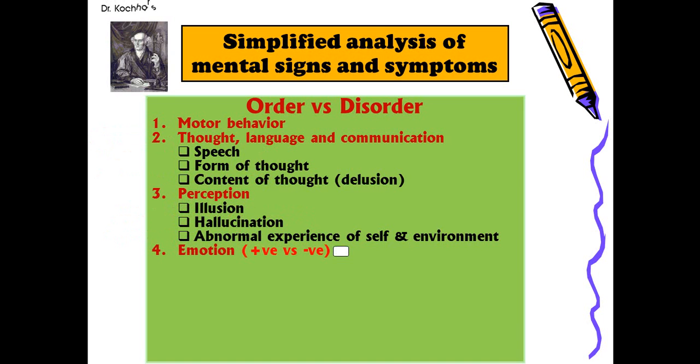Then under emotions... Illusion means abhas, wrong perception. There is a difference: the object has to be present, but it is misunderstood.